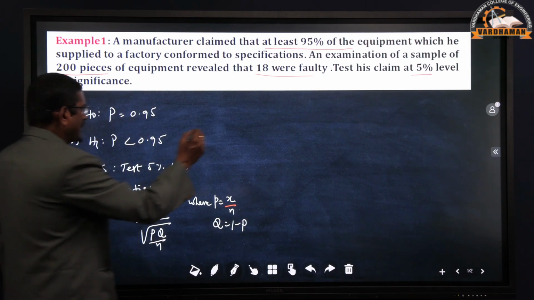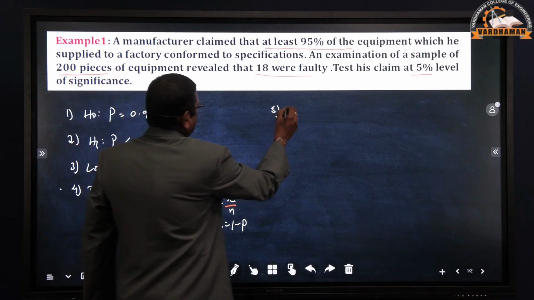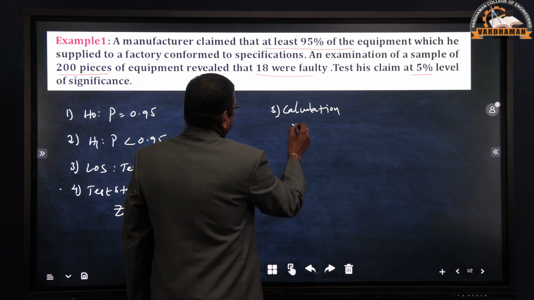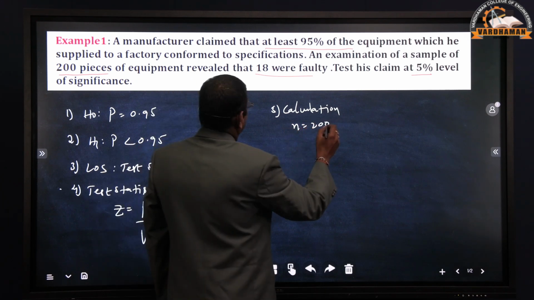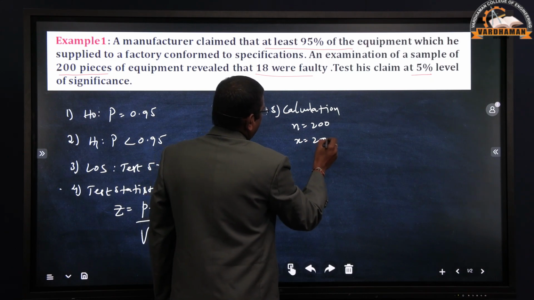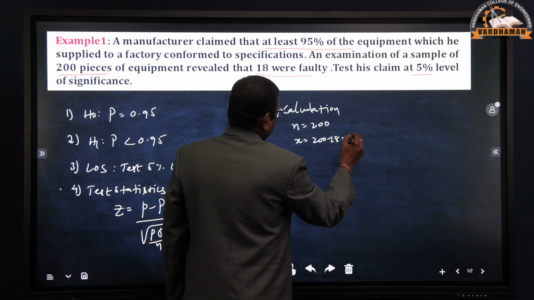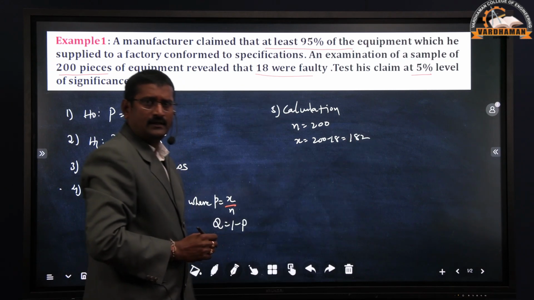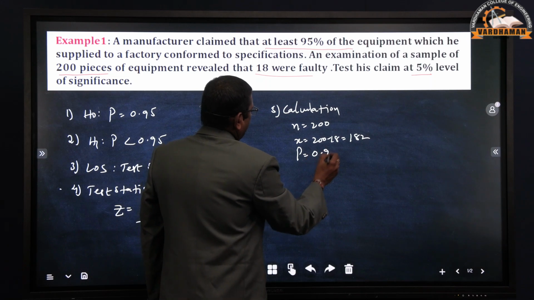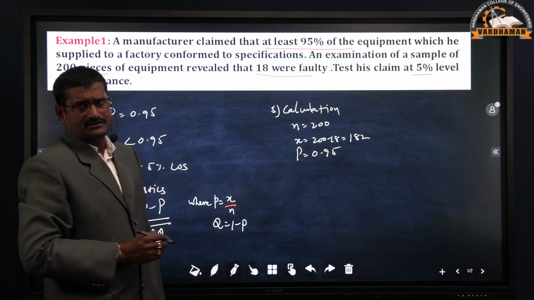Now under calculation, the fifth working rule is calculation. Here n is equal to 200 and x we can denote as 200 minus 18, which is equal to 182, because the capital P they mention as 95%, we can treat as a good proportion.